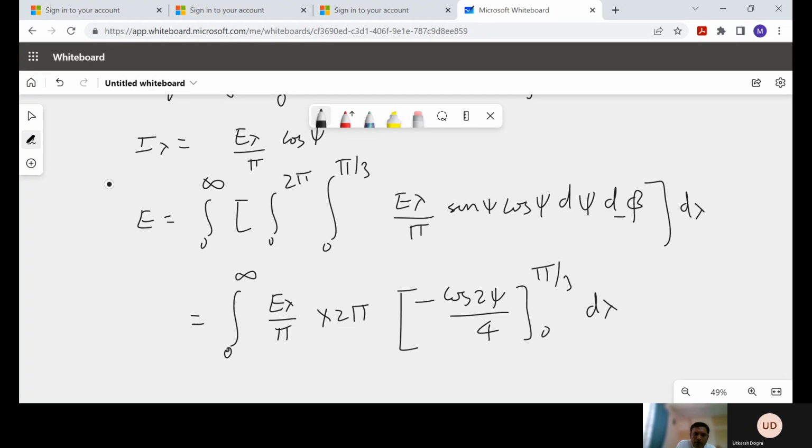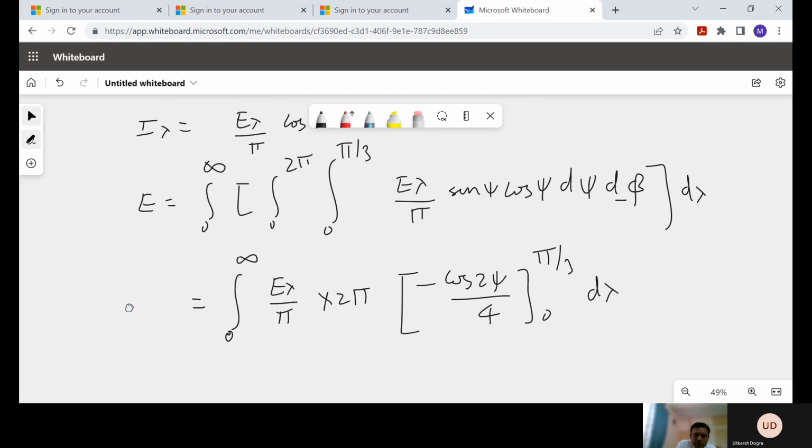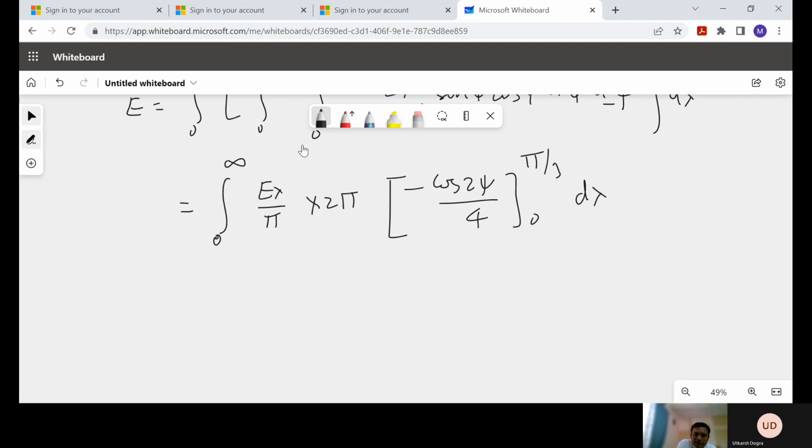So if you rearrange all the terms, what you get here is 3 by 4 times the integral from 0 to infinity of E lambda d lambda. Now once we get this, the calculation becomes very easy, because this E lambda is already given, isn't it?